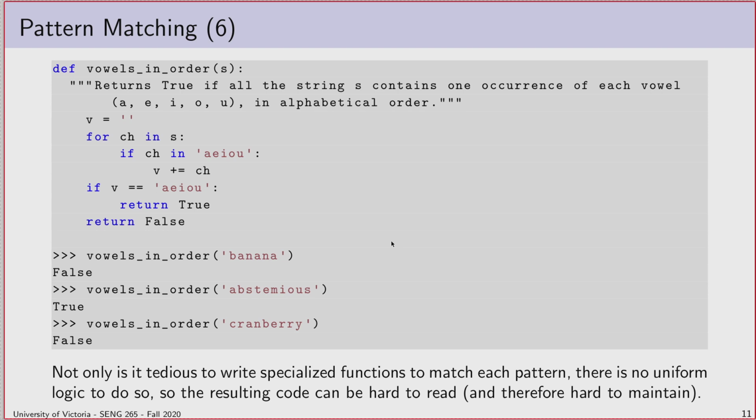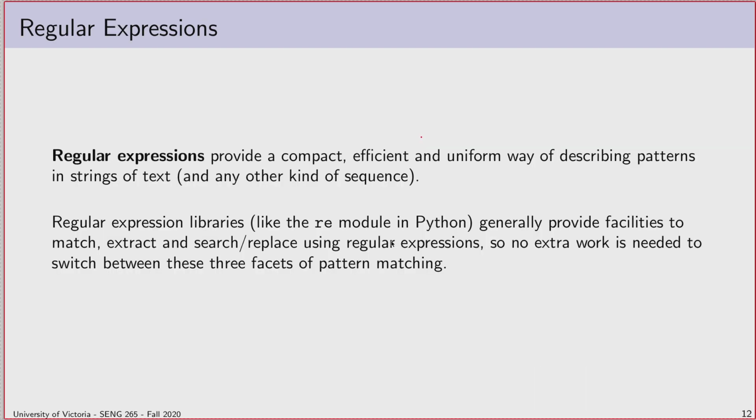So what do we do about that? It turns out there is this thing called a regular expression, which is a uniform, and really this is the only thing I care about for the time being, uniform way of describing a pattern that can then be matched. It's true that it's also compact, maybe a bit too compact. Regular expressions are known to be rather cryptic when you're done. They're sort of a write-only language.